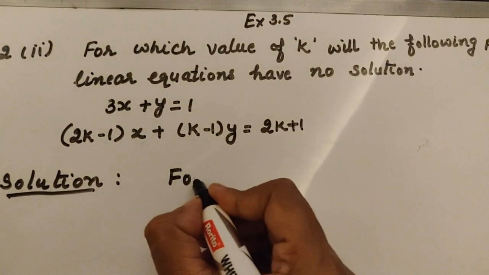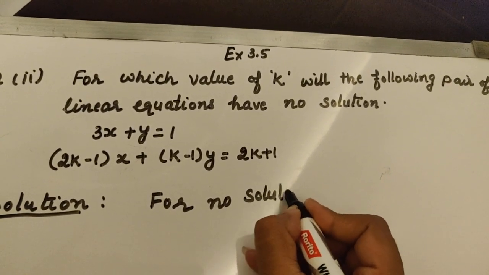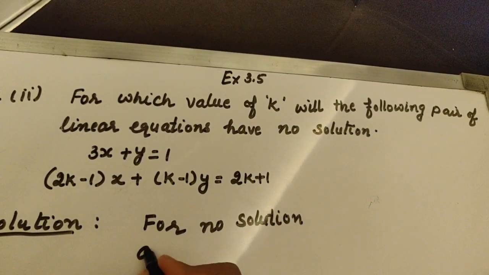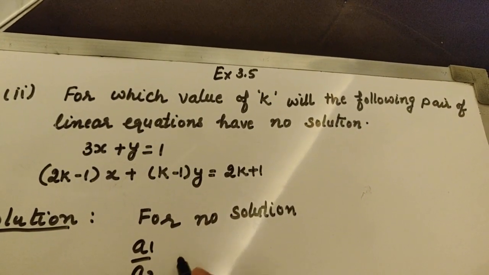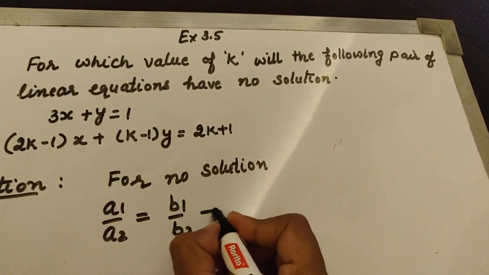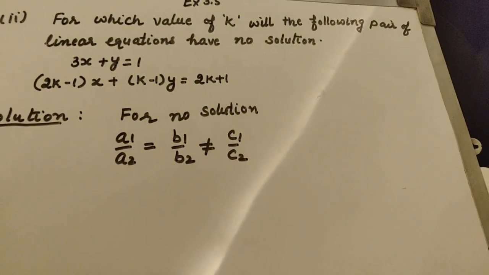For no solution, I hope you know the condition. For no solution, a1 upon a2 is equal to b1 upon b2, but it is not equal to c1 upon c2. Right?